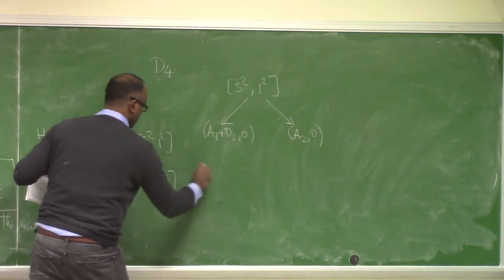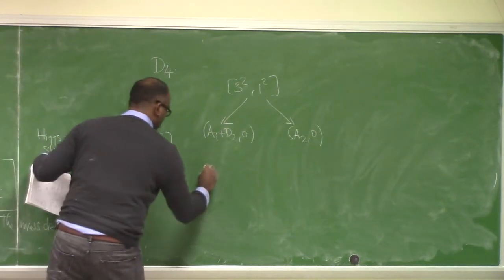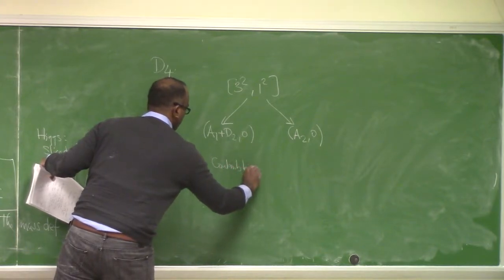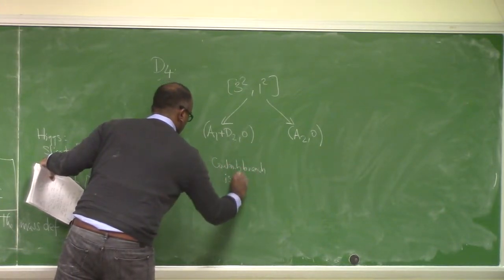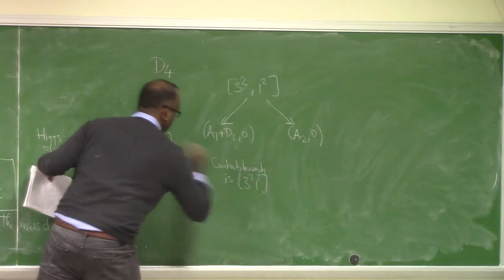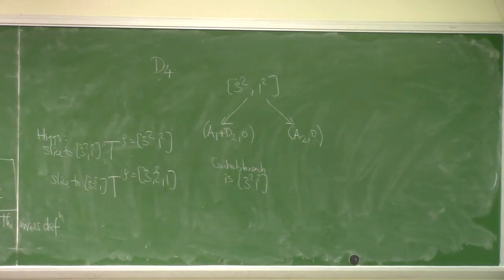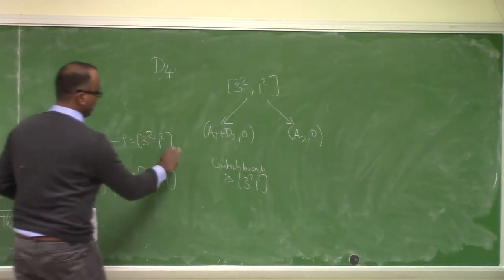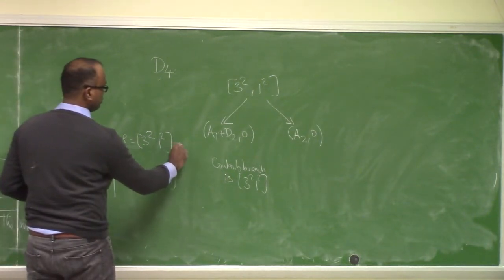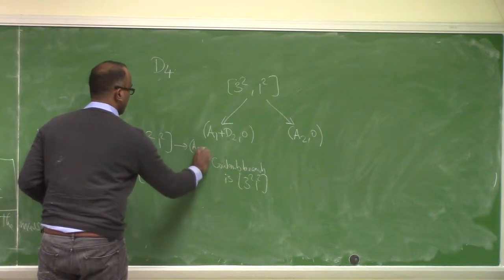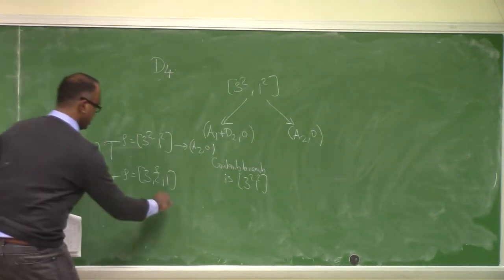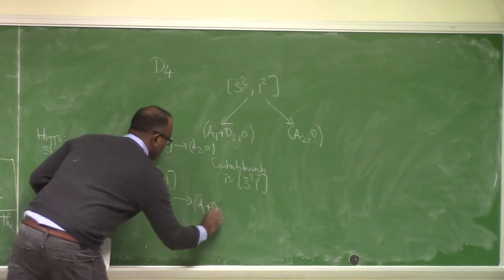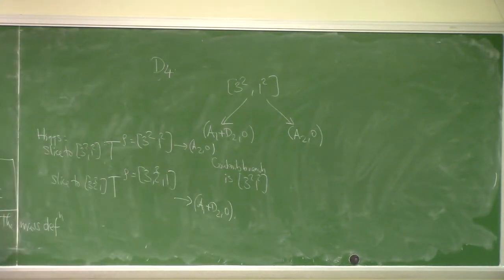Now it turns out the Coulomb branch of both of these guys is the same nilpotent orbit 3 squared, 1 squared. But if I mass deform this, that corresponds to the A2, 0 sheet, and the mass deformation of this corresponds to the A1 plus D2 sheet.